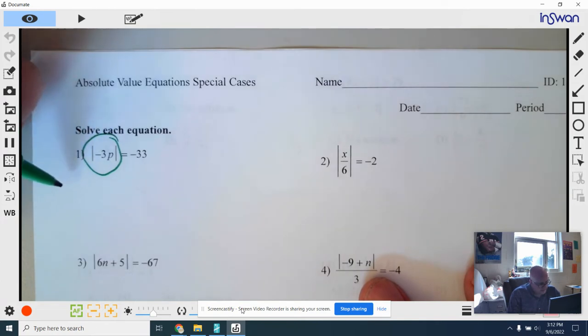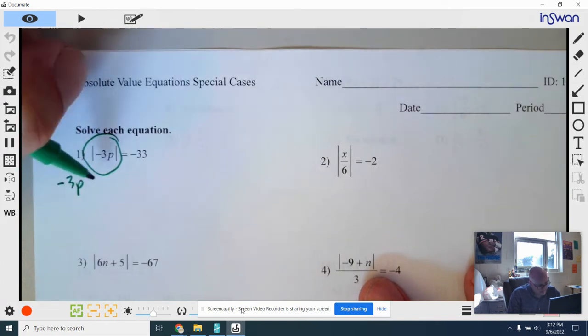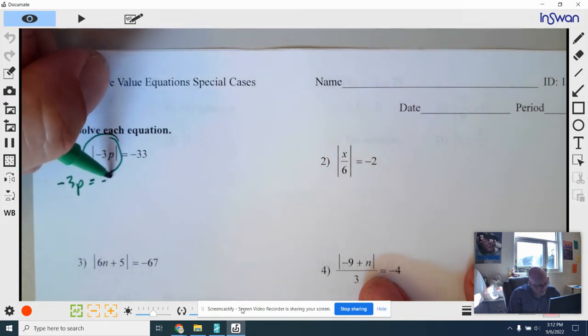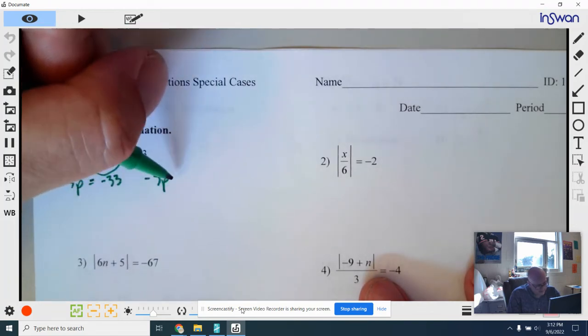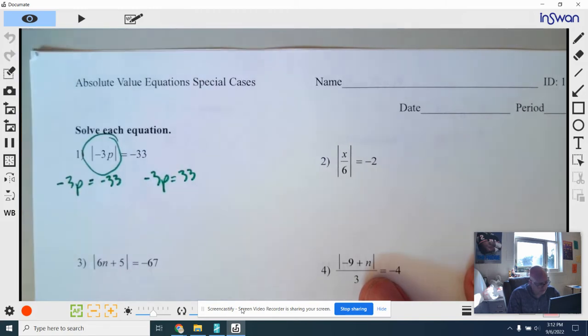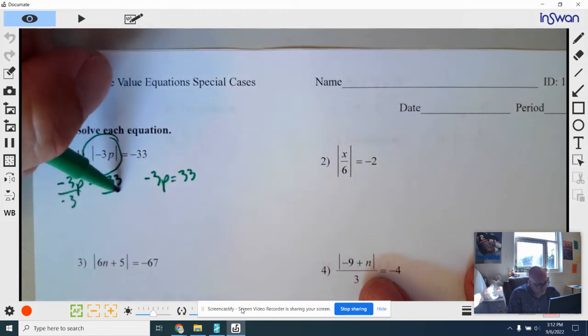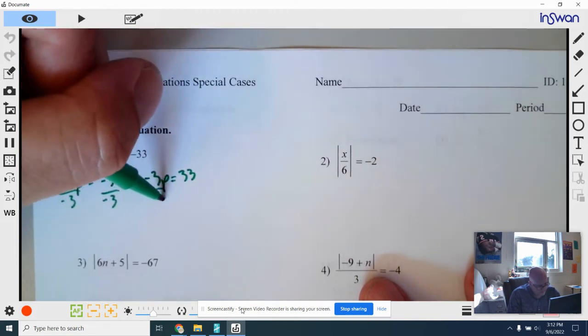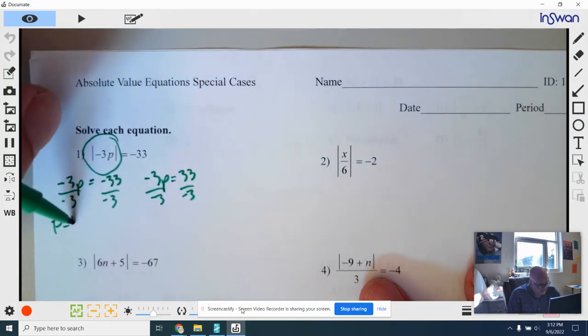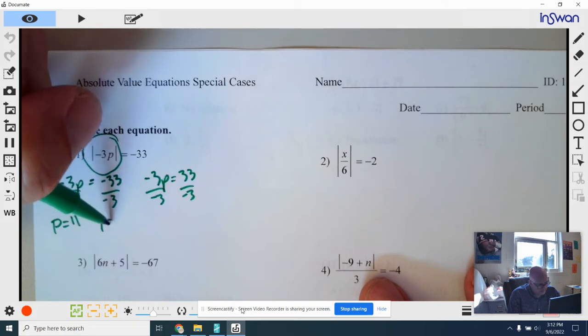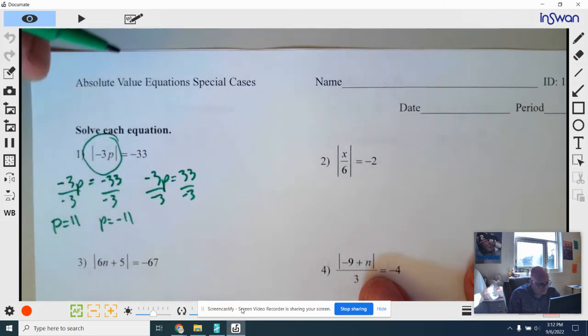An example would be, if I break this up right now, negative 3p equals negative 33, and then I say negative 3p equals 33. Well, we divide those by negative 3, and what we get is p is equal to 11, and p is equal to negative 11.